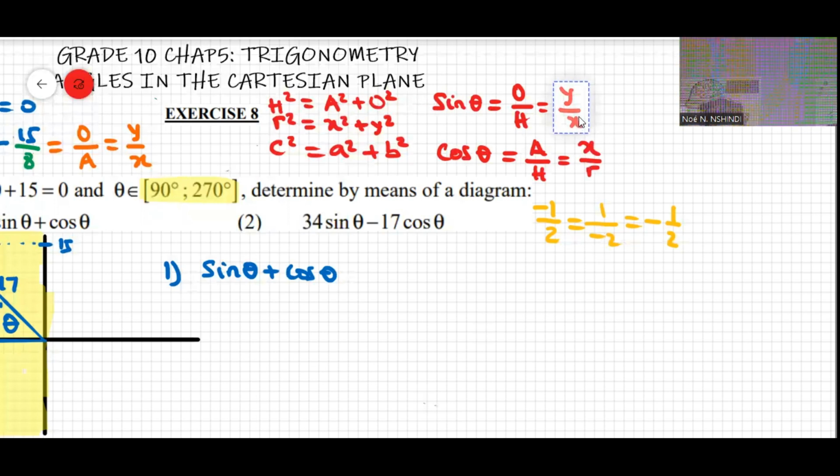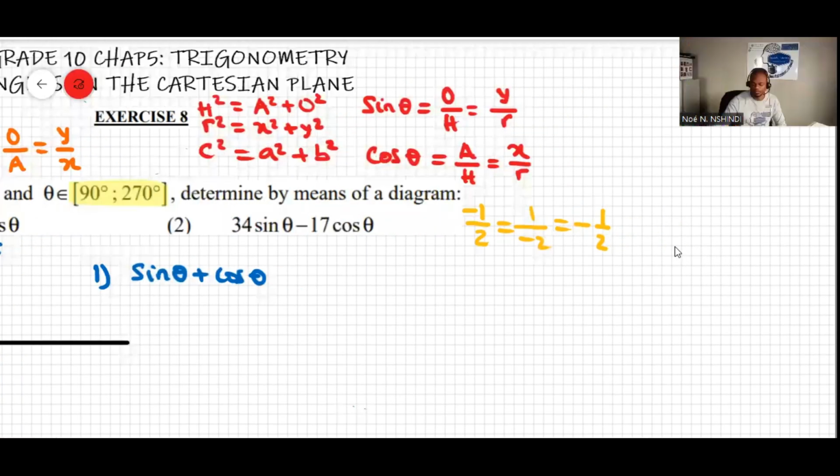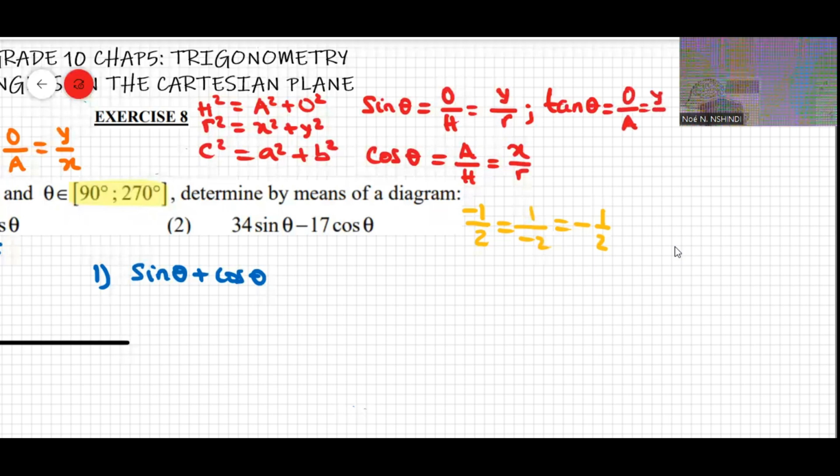Excuse me, I said x there, I meant to say y over r. Then tan of the angle is opposite over adjacent, so sometimes y over x.